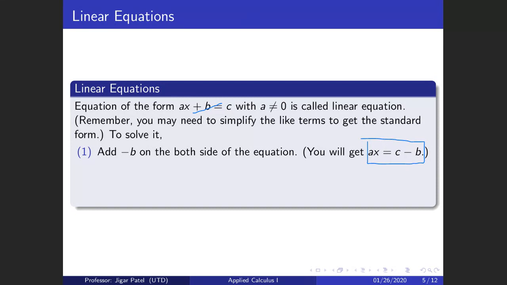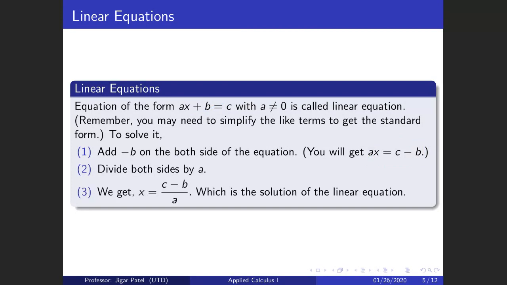Now to get rid of that a, divide both sides by a, and you will get x equal to c minus b over a, and that is really the solution of our linear equation. Pretty simple, no? As I said, you should have seen this in the past.